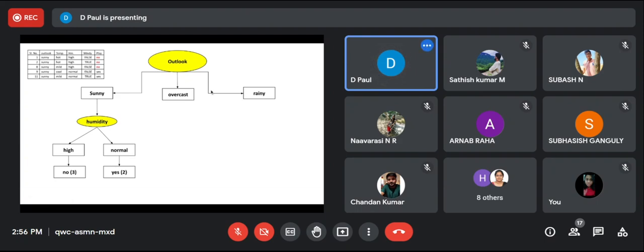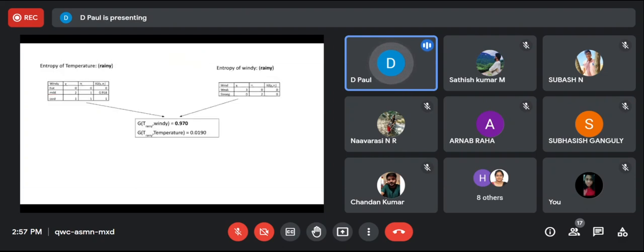Then we'll go to the next subset, overcast. Under overcast, we have only yes, so we got a leaf node. Next we have rainy. Under rainy, the humidity attribute is already used, right? So what is left is temperature and windy. We'll calculate for these in the same way, entropy and gain.